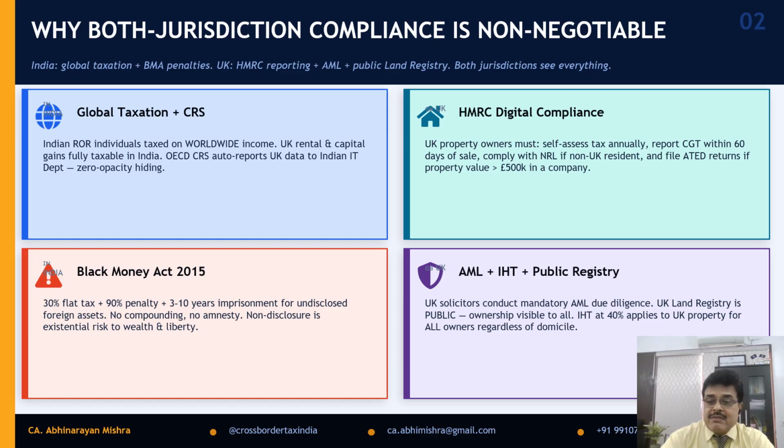You must still file a UK self-assessment return by 31st January every year. If your property is held in a company structure and worth over £500,000, the annual tax on enveloped dwellings applies, from £4,400 to over £30,000 per year, filed by the due date of 30th April annually.